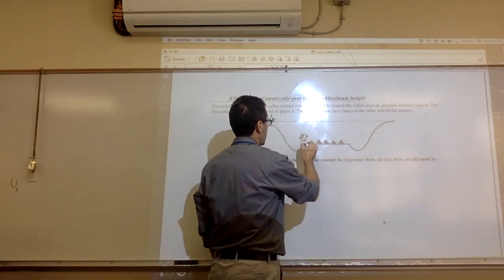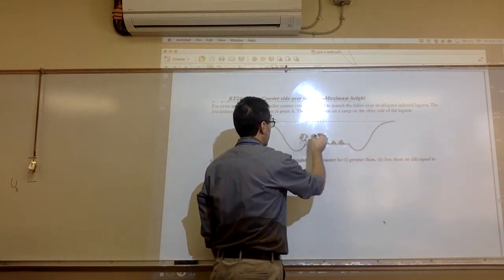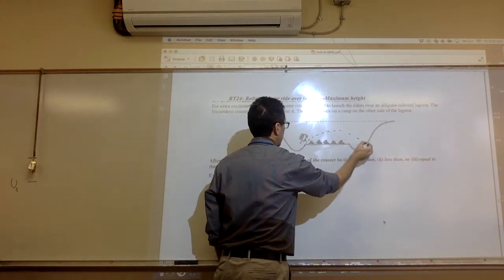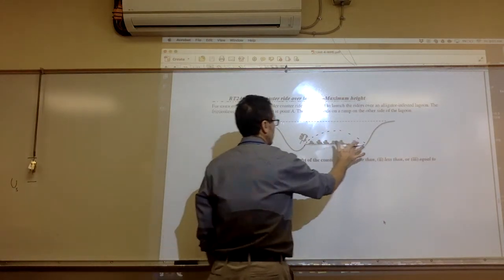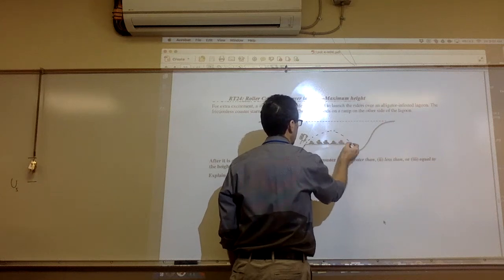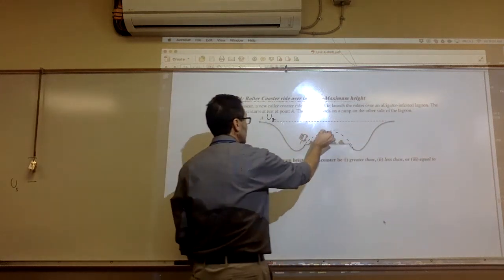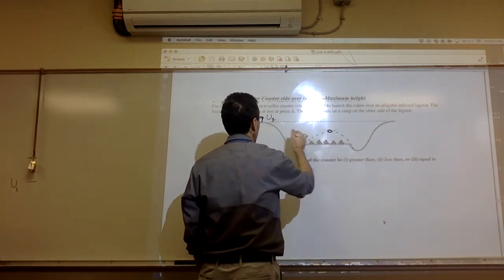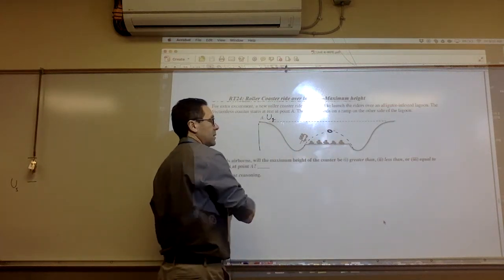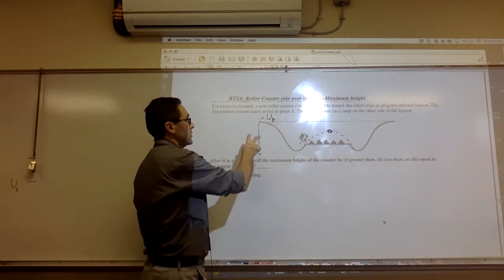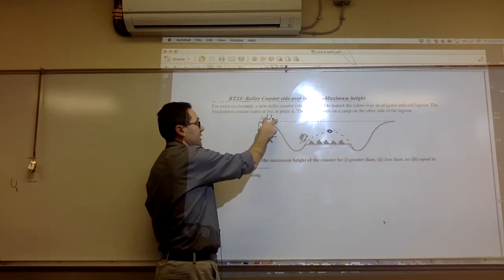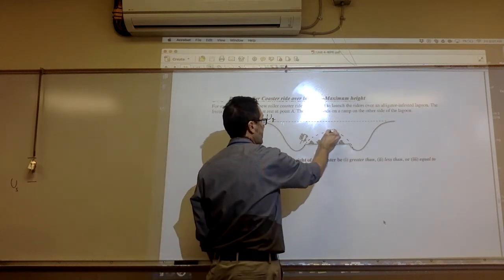Well, when it's doing this, it's kind of like a projectile. When it lands here, it just continues. So when it's at the maximum height, this height has to be less than the height at point A. The reason is that all this gravitational potential energy is going to be converted to some other form of energy.